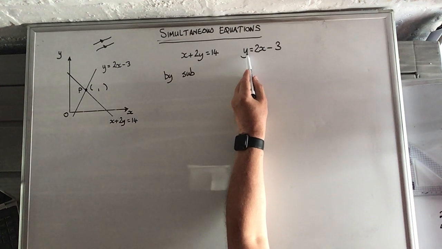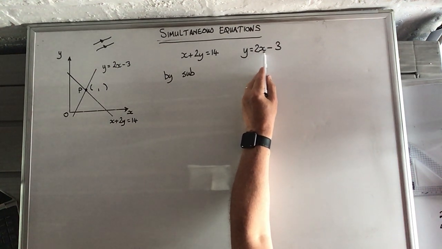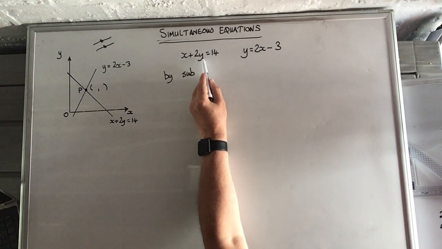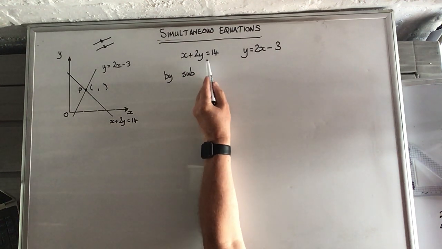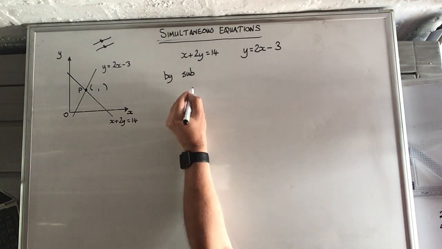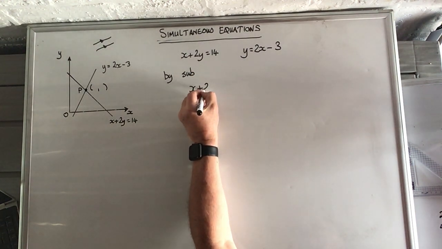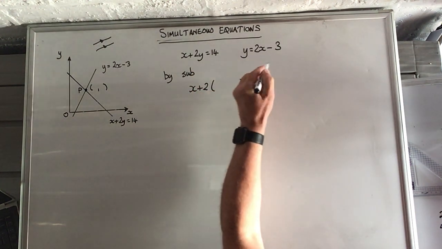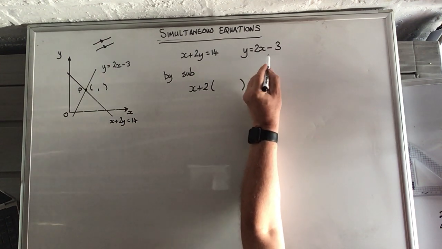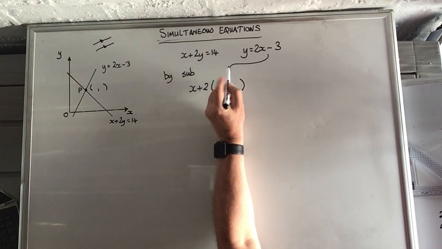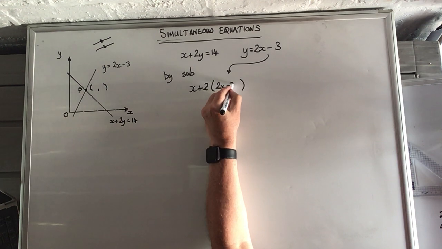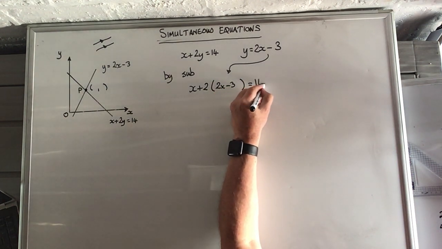We're going to substitute the y value, which is the same as 2x minus 3, into here, and then solve that for x. Okay, so rewriting this equation, x plus, now I'm not going to write the y because I'm going to substitute, because y is equal to this here, we're going to put that in there. So that's going to be 2x minus 3 is equal to 14.